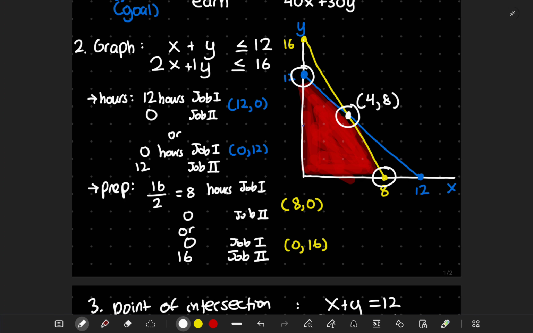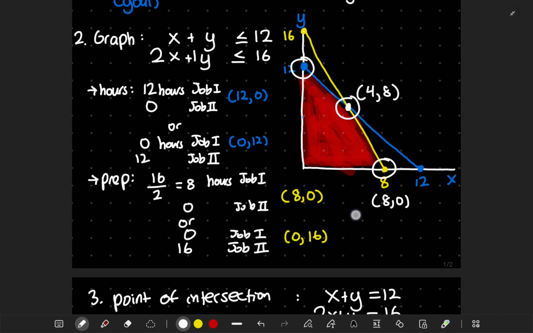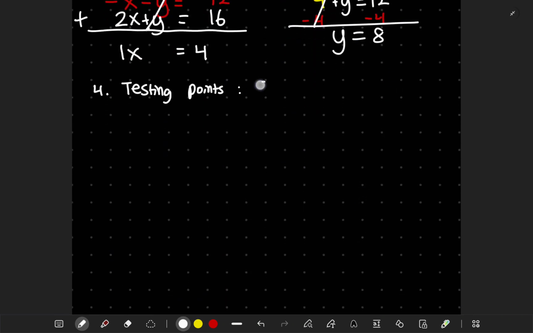So in our case, we have the 4, 8, the 8, 0 that we wrote in yellow, while the one in blue, we wrote 0, 12. So I'm going to write them again: 0, 12, 4, 8, or 8, 0. All we need to do is test it with profit, or the earnings.